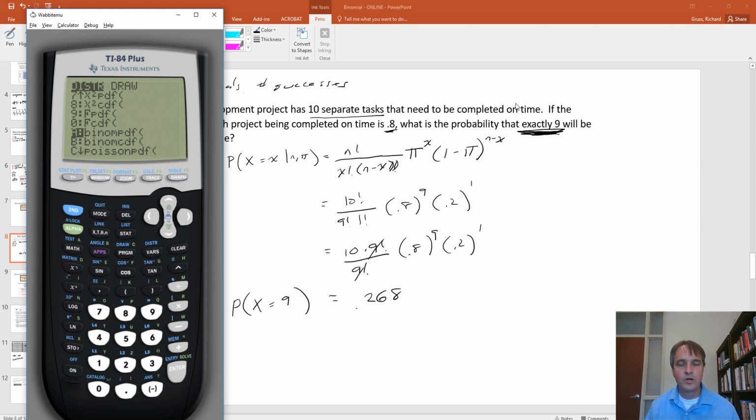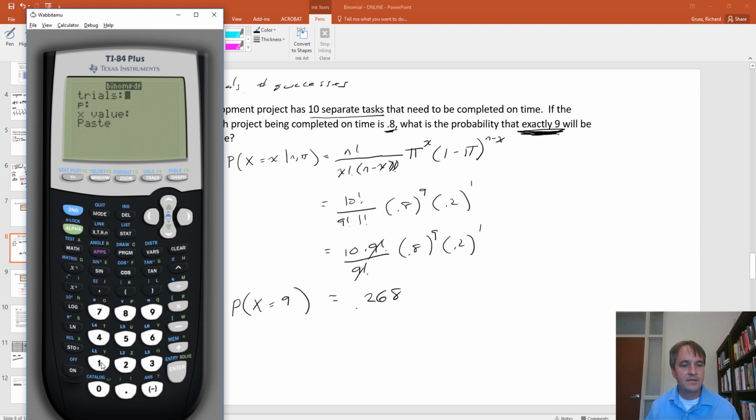For this case, we're going to use the pdf, the binomial probability density function. We'll use that one when we're trying to find an exact value, probability of exactly 9, for example.